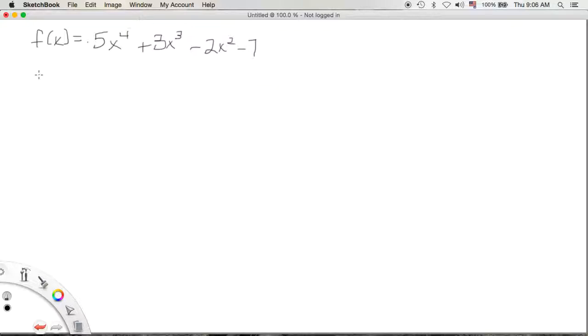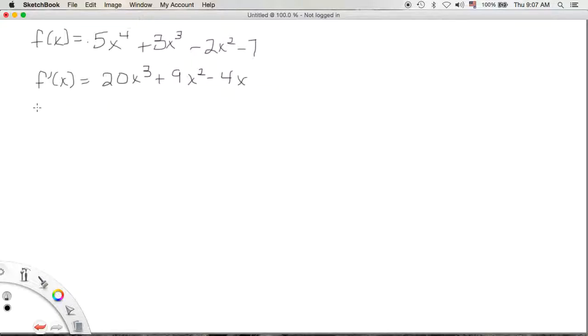So what we're going to do is we're going to look at the first derivative. So the first derivative, we've got 20x cubed plus 9x squared minus 4x. Now we need to know critical points. Well, it's a polynomial, so it's not undefined anywhere, and we don't have any endpoints. We're looking at all the real numbers.